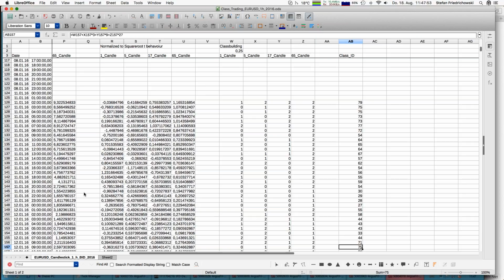Looking to that, what I described verbally is nothing else than building classes. Because what you try to do when you have that kind of decision process for entering a trade is exactly the same as building those classes.